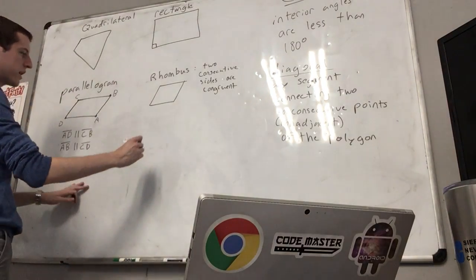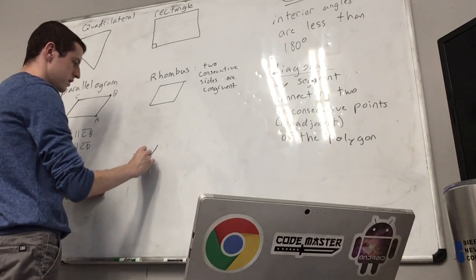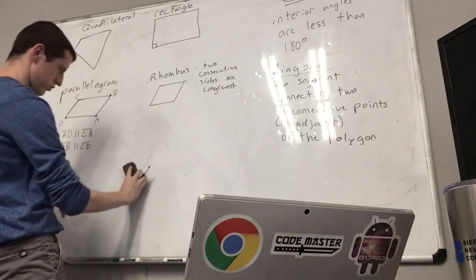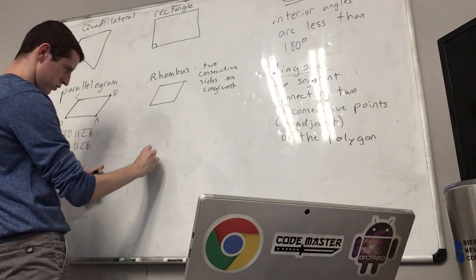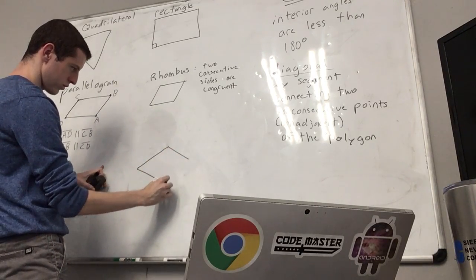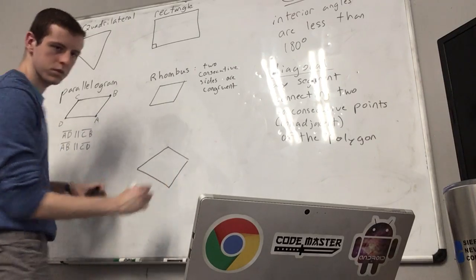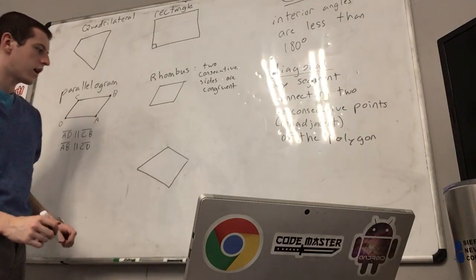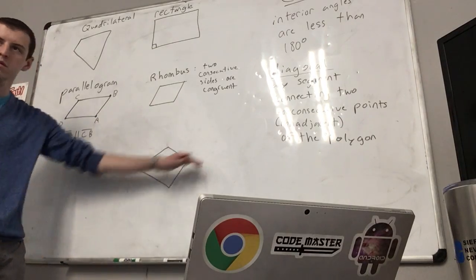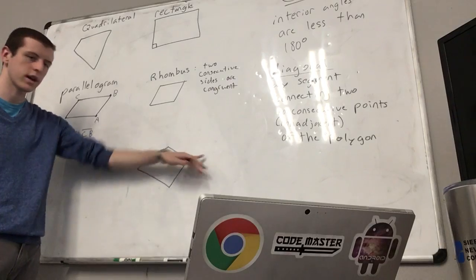So our next one is a kite. A kite basically can look like two scalene triangles, if you were to draw a line between them.